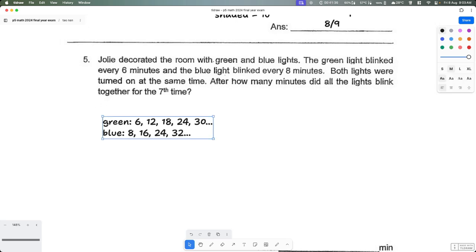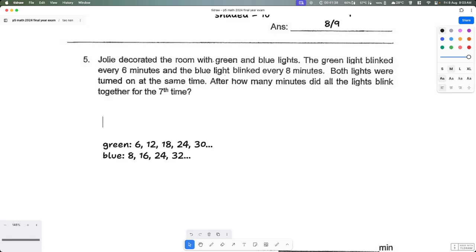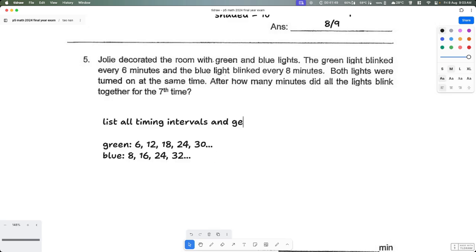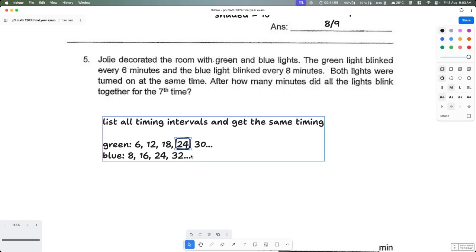So basically, first we need to list all timing intervals, and then get the same timing, which in this case is 24 and also 24.